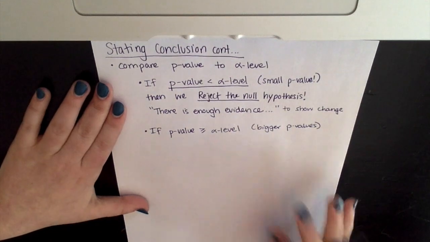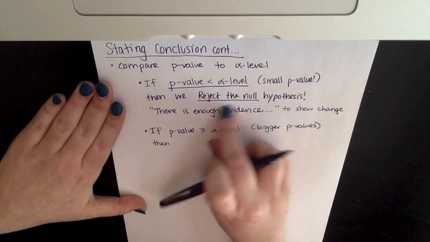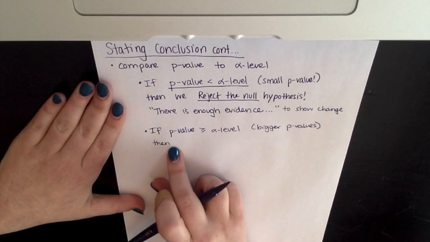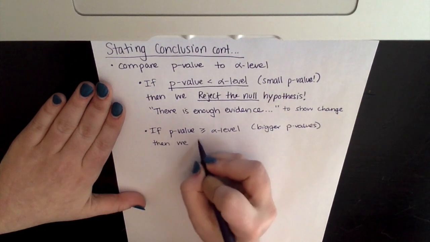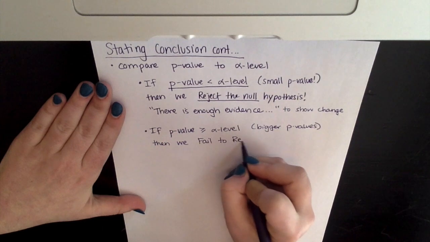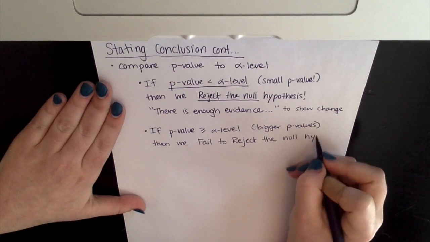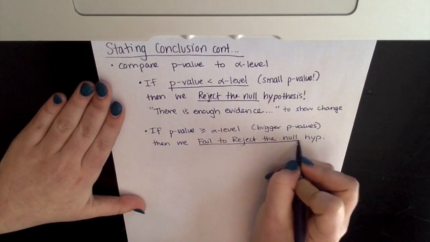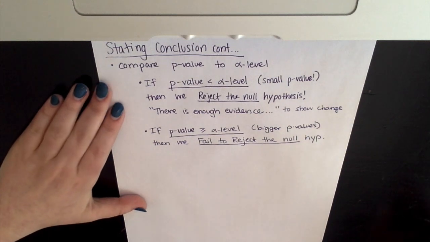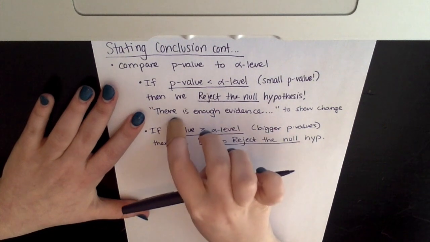If my p-value happens to be larger than my alpha level, then there is no way we can actually accept the null, okay? So we actually are forced to say we fail to reject the null hypothesis. So we fail to reject the null if the p-value is greater than or equal to the alpha level. And unfortunately, what we do is we basically negate this statement, right?